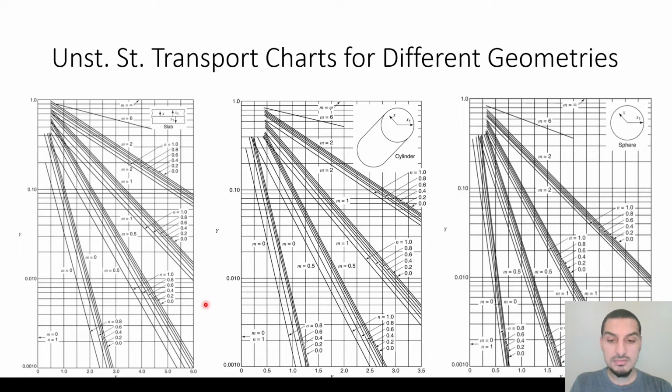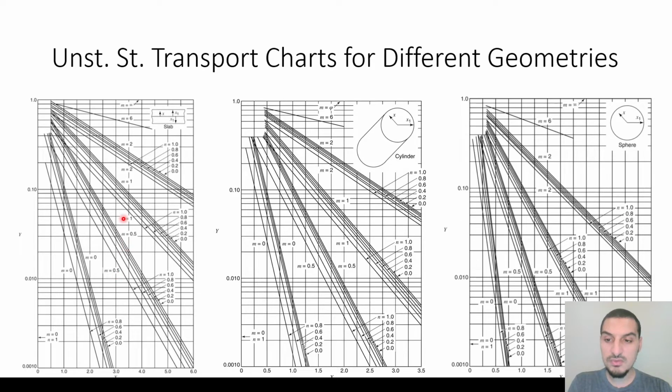Then two of the four parameters are already there on the two axes, and all these lines should represent m and n. For each chart, you would see groups of parallel lines, and it's a different group each time. For each group, there is m equals 0 on the right and to the left of this group, and then the next.